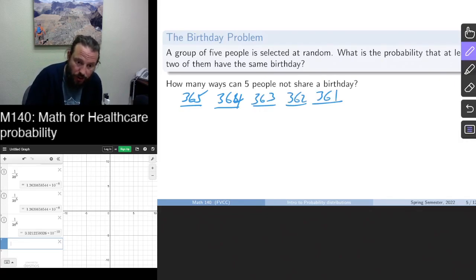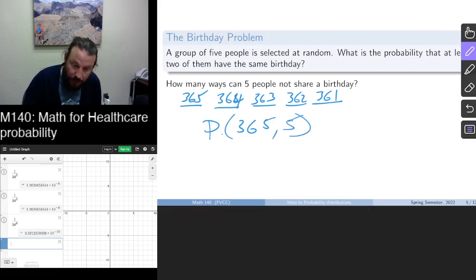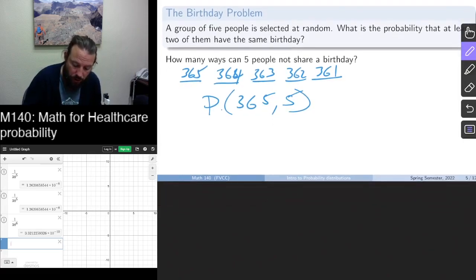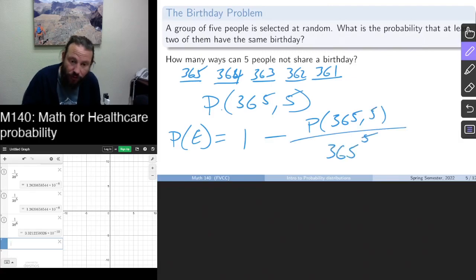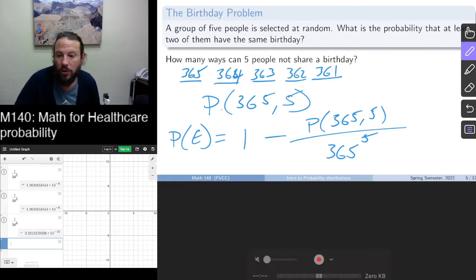We multiply those all together, which is the permutations of 365 things taken 5 at a time. Alright, so in the end, what are we looking at? Our probability of 2 people sharing a birthday is 1 minus permutations of 365 things taken 5 at a time divided by 365 to the 5th. And we'll check that out.